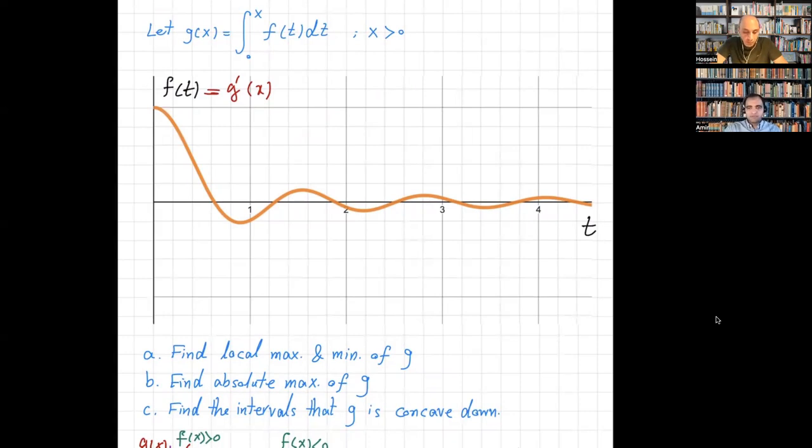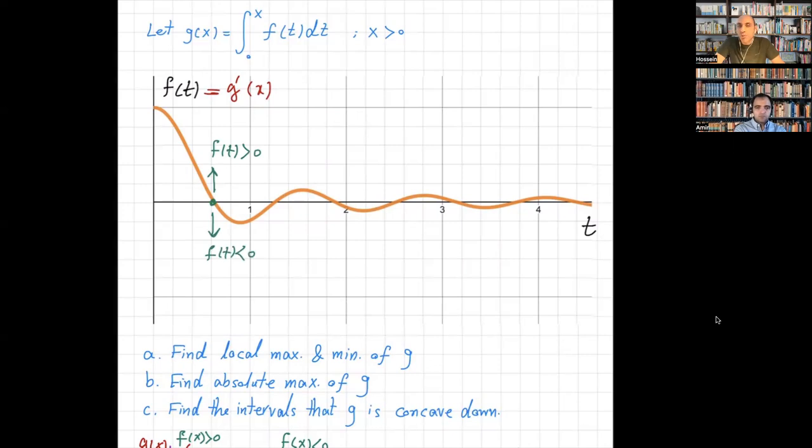So that's very easy. For example, at this point here, above the t-axis f of t is positive, and below, f of t is negative.